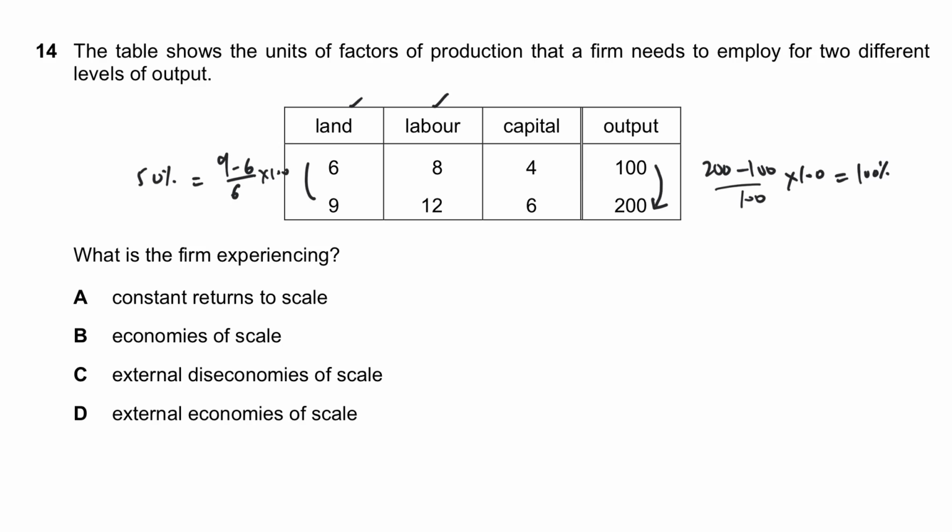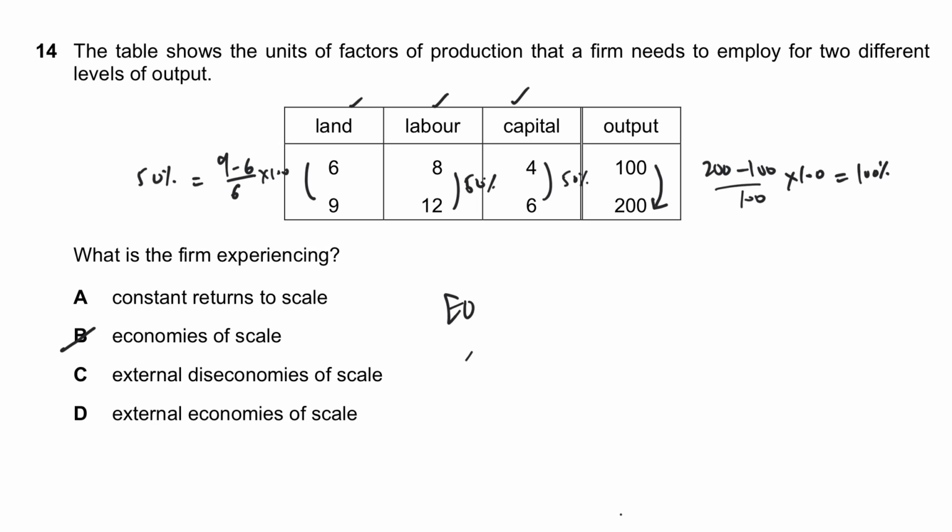And labor is also increasing by 50%, and so is capital, which means that all the inputs are increasing by 50%, and if the output is increasing by more than 50%, then we will have something called economies of scale.